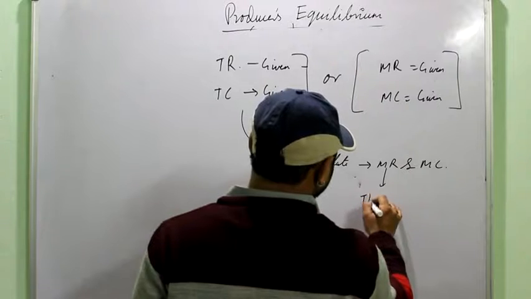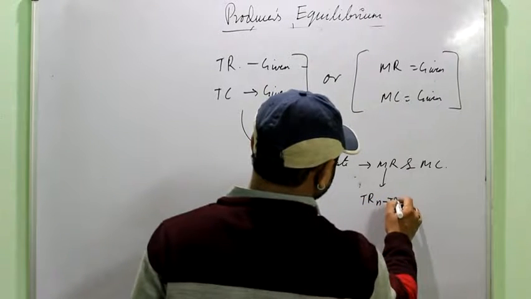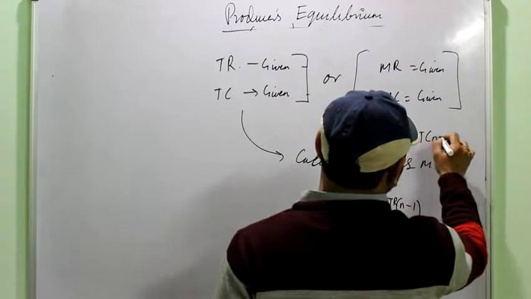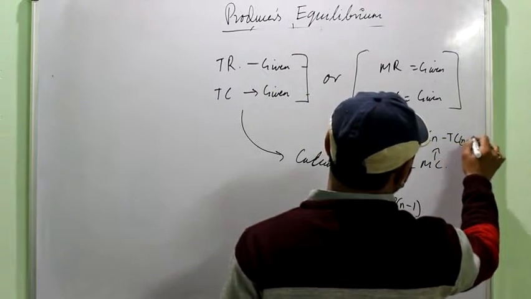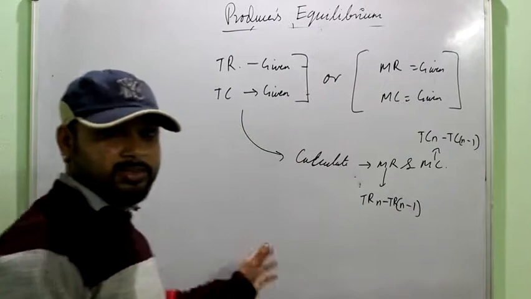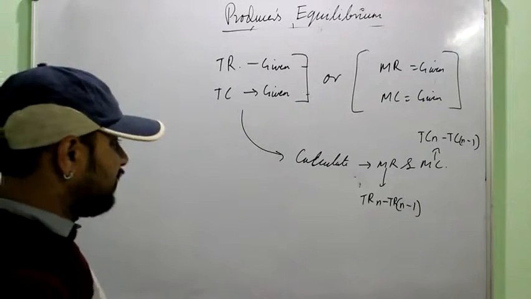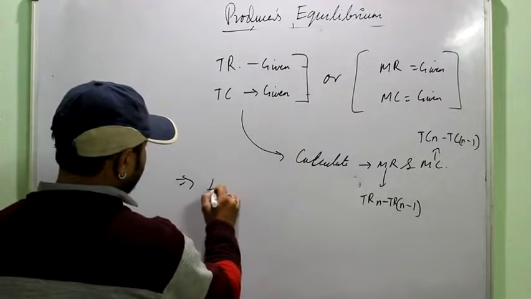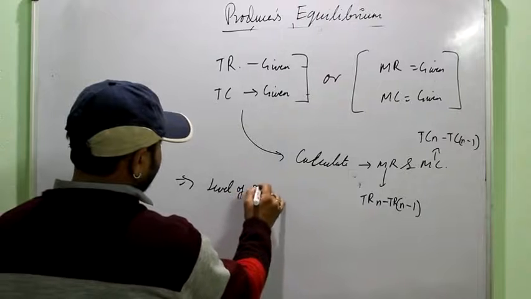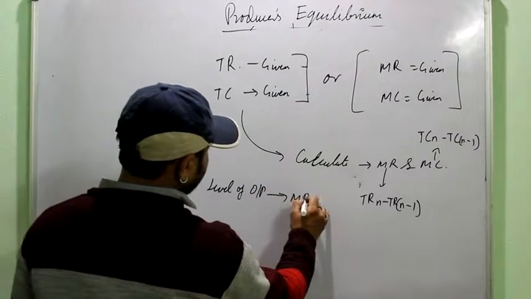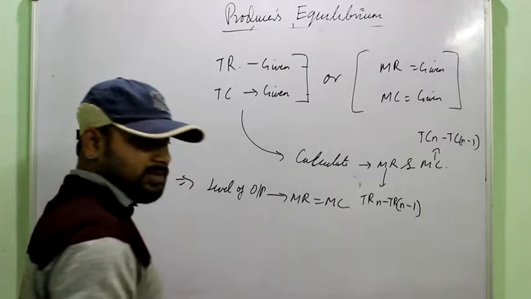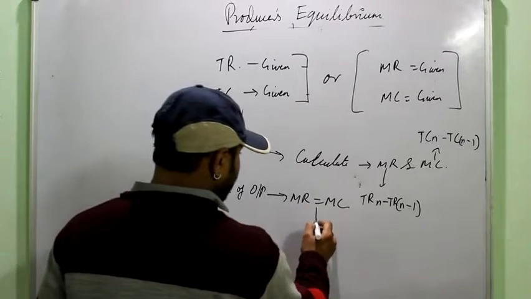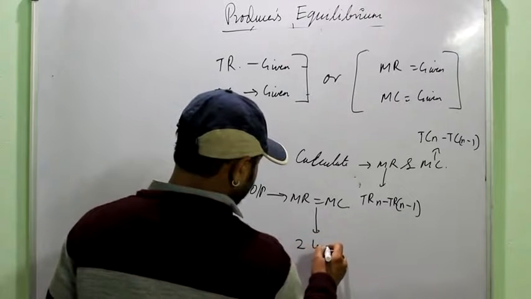You know MR is TR at n minus TR at n minus 1, and MC is TC at n minus TC at n minus 1. Using these formulas you calculate marginal revenue and marginal cost. After that again you find the level of output where MR is equal to MC, right?